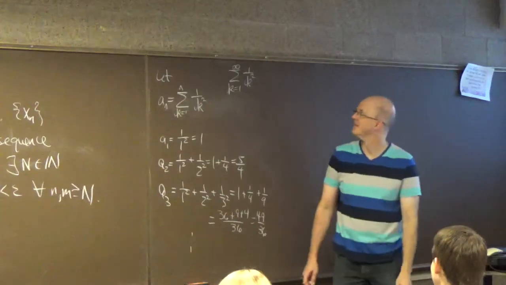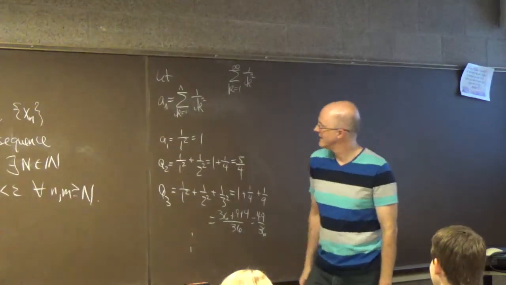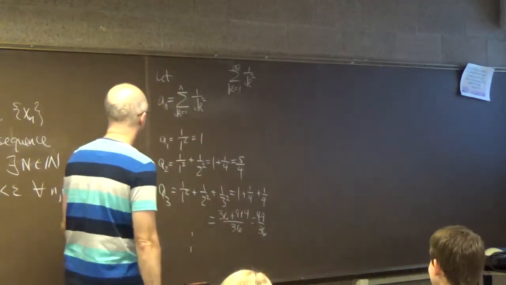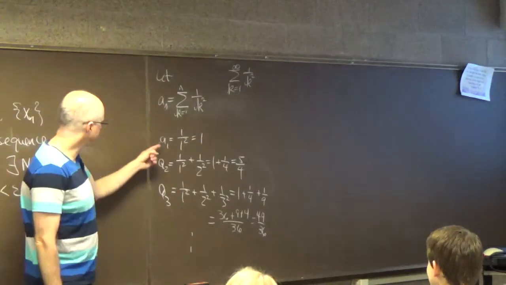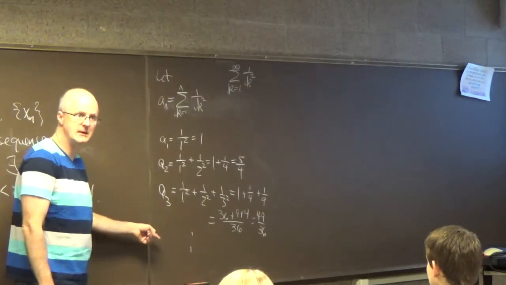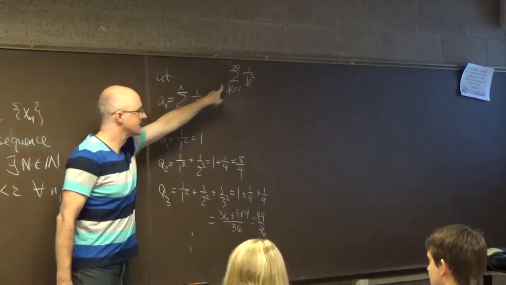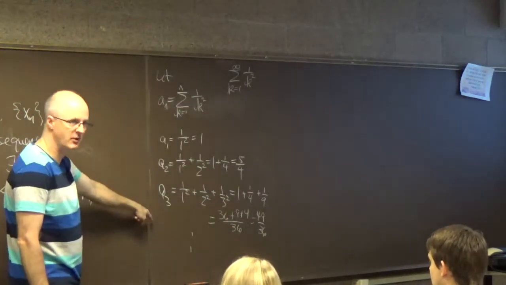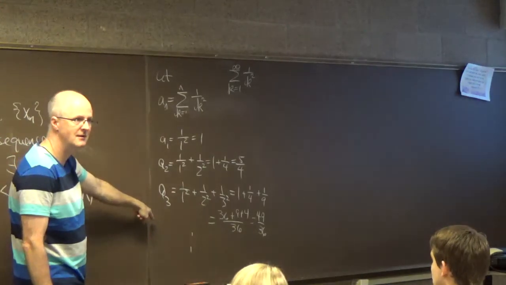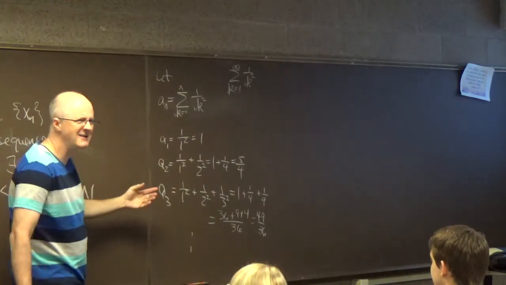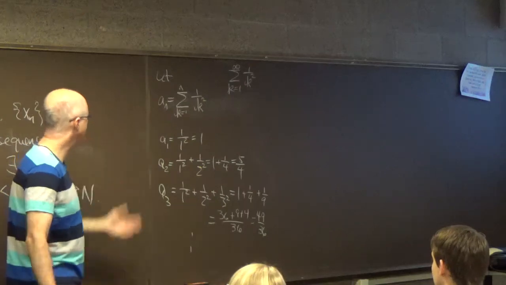It converges. How could you prove that converges? You could prove it converges by proving that this sequence has a limit. In fact, by definition, this converges to whatever this sequence converges to, if it does converge. But how are you going to show it converges if it's not clear what the limit is?